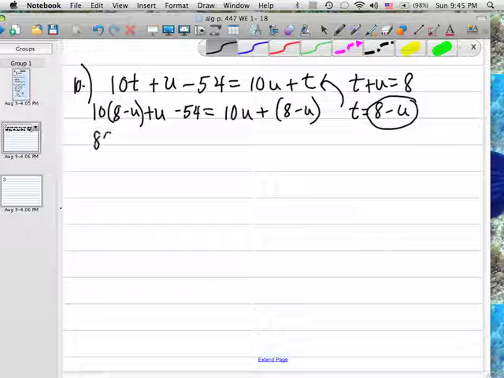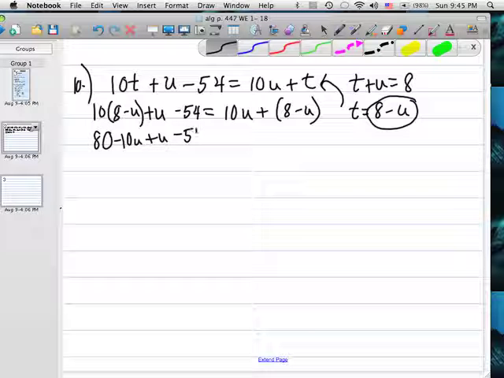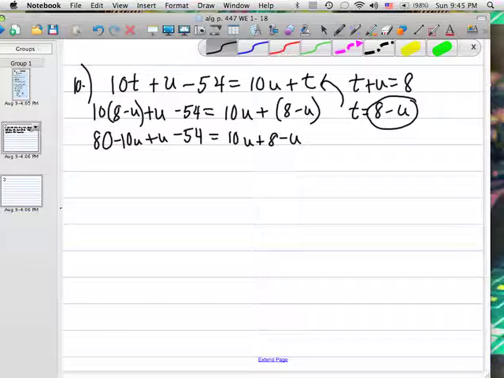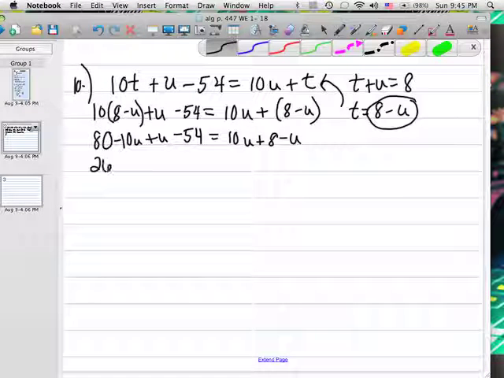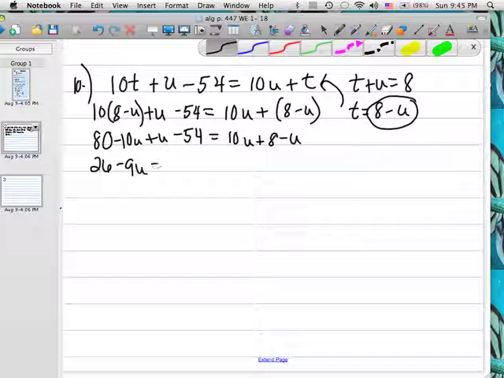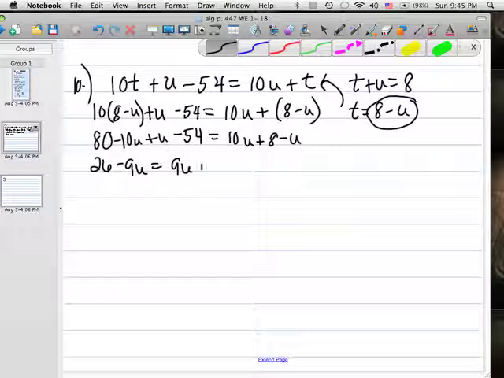So this is 80 minus 10u plus u minus 54 equals 10u plus 8 minus u. Collecting like terms, 80 minus 54 is 26, and negative 10u plus u is negative 9u. 10u take away u is 9u, plus 8.